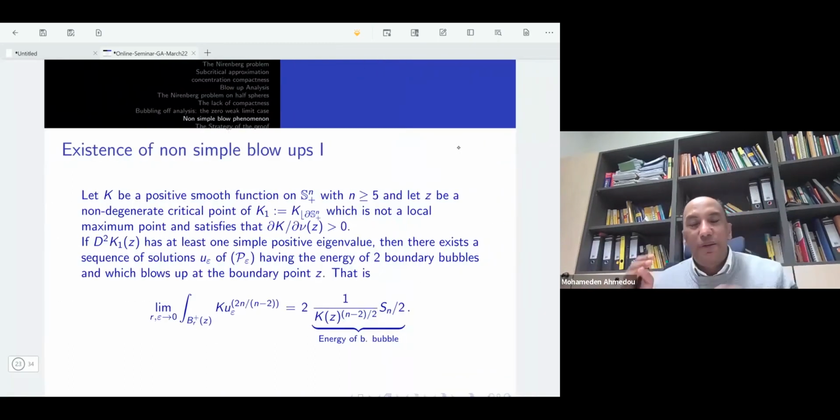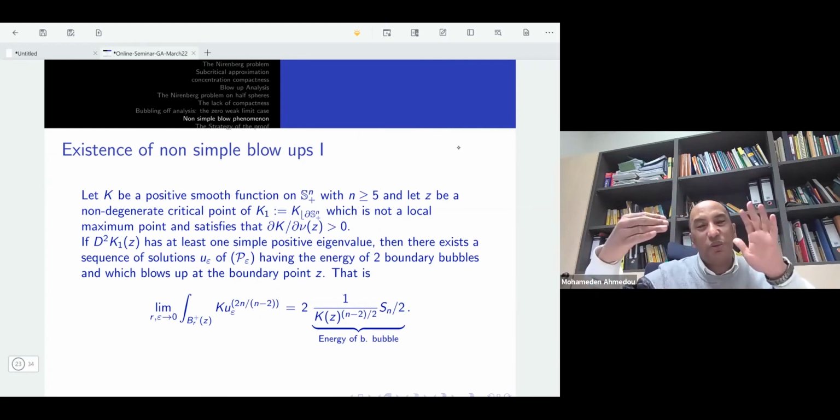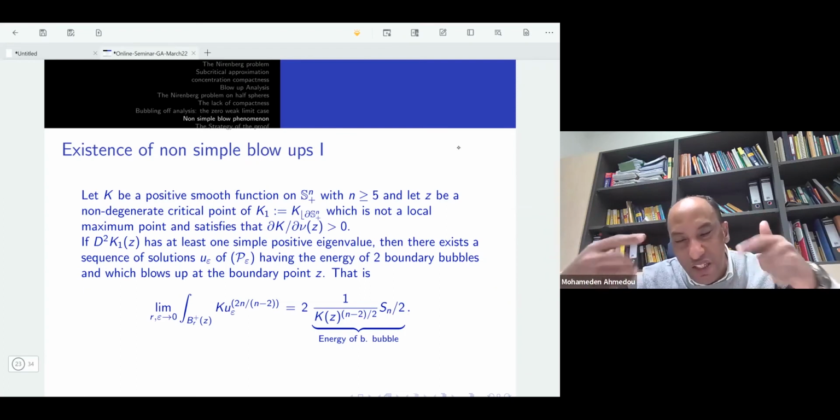And now let us look at the situation in the other direction. We proved that there are some possibilities to have non-simple blow-up, but these are only alternatives. Now we want to say that actually you can construct non-simple blow-up, and I gave here three types of this construction. In the paper we gave actually all the constructions, because on one hand we perform a blow-up analysis to see all the situations, and for each situation we prove that there is a construction.